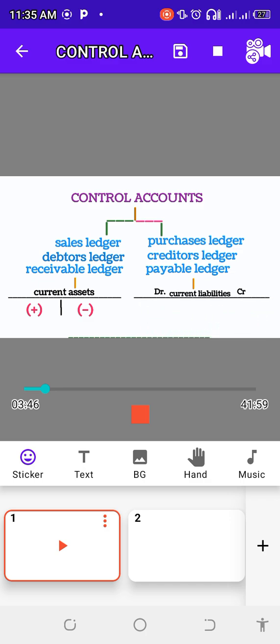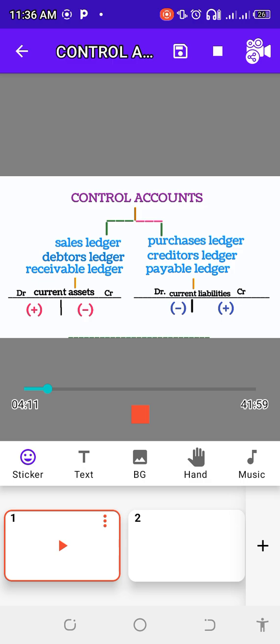Now, the sales ledger control account takes care of only credit sales. So all credit sales in a business are recorded in the sales ledger control account. That is why we have the debit here.